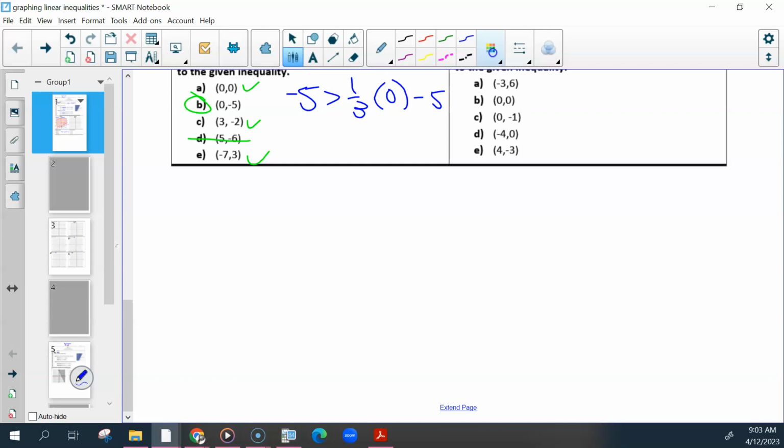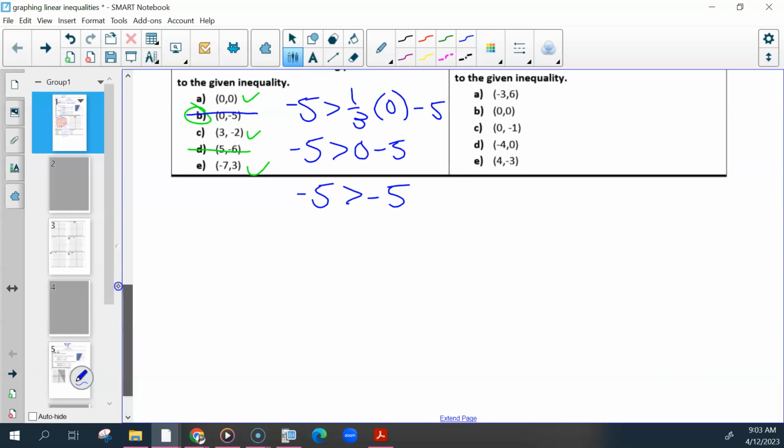And we'll simplify that and see is it a true statement or not. Is -5 greater than -5? No. If it said equal to, then it would work. But because it's not equal to, that does not work. That's not a solution.